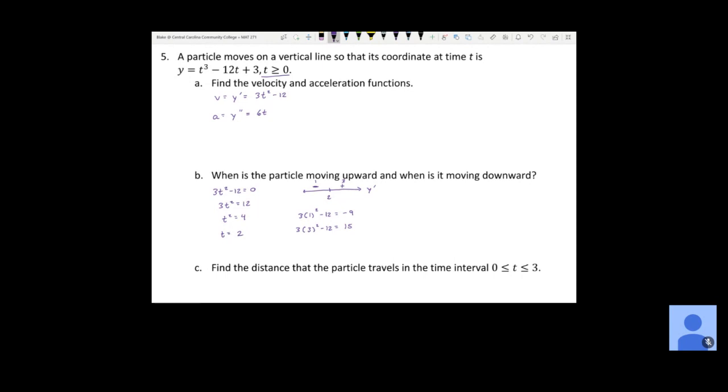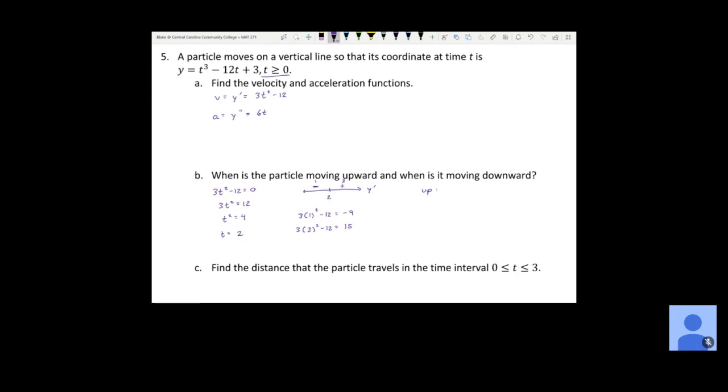All right, so now we just need to determine where is it moving up, where is it moving down. So where would this be moving up? Okay, good.